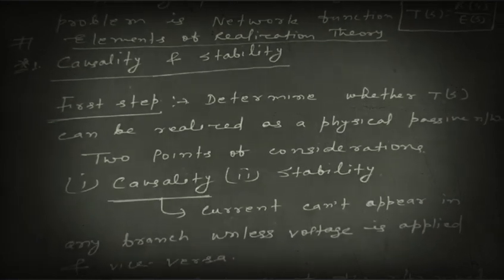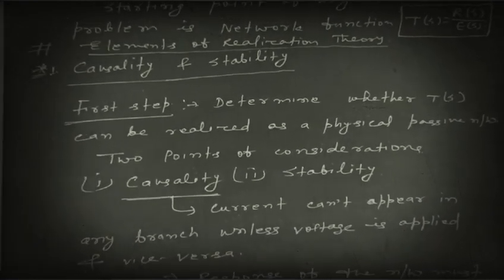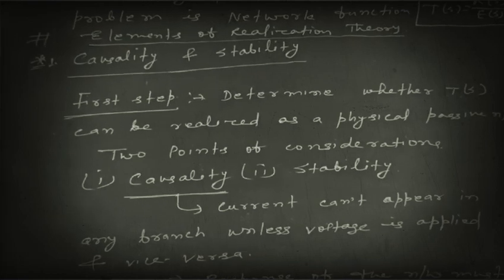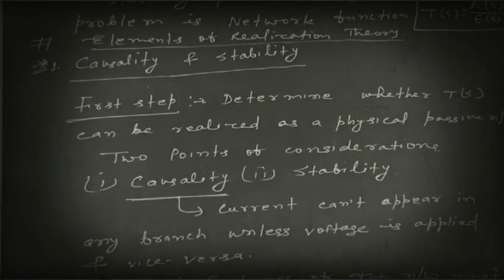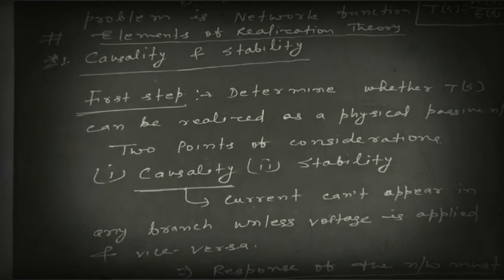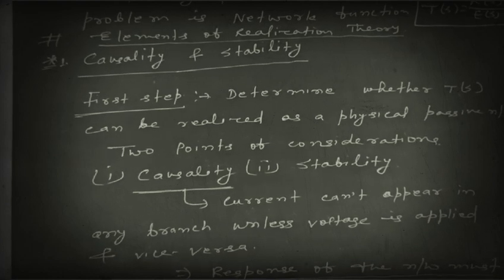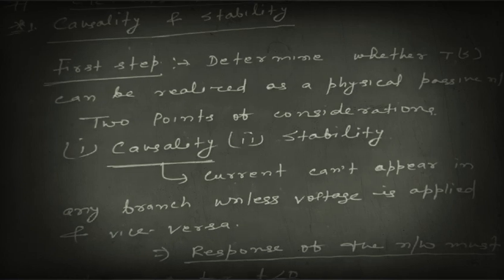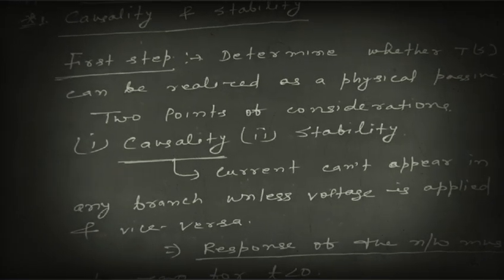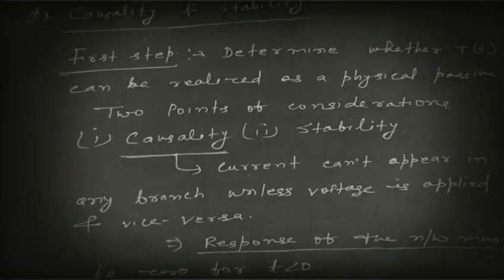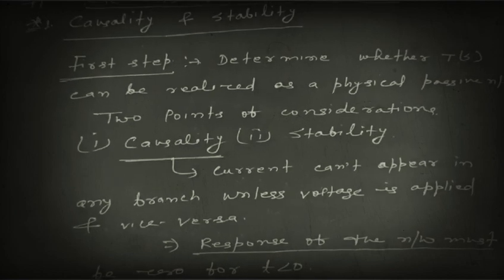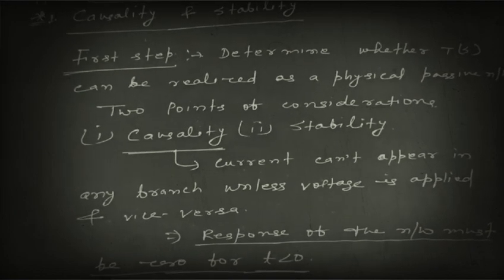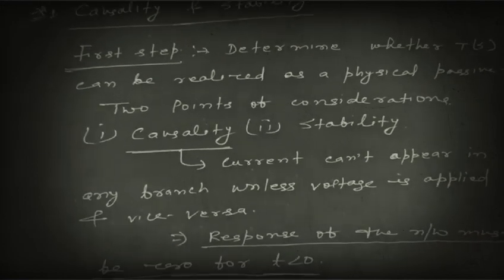That means whenever we apply a voltage, then a current flows in the branch, or if there is any current flowing in the branch, then only there will be the voltage drop. It means we can say that the response of the network must be 0 for time t less than 0. That means unless we switch on the supply, the response should be 0, the output should be 0. So this is the concept of causality.